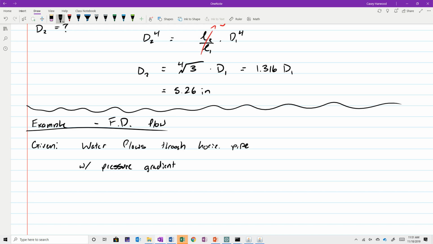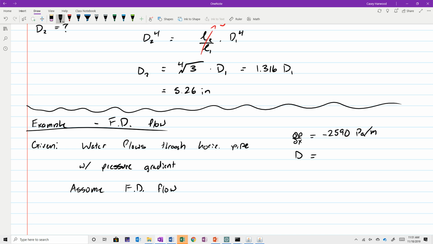And we can assume that the flow is fully developed. The properties of the flow are as follows. dP/dx, that pressure gradient driving the flow, is negative 2590 pascals per meter.